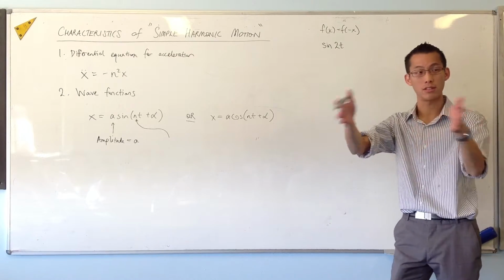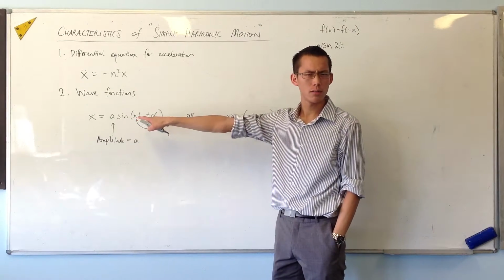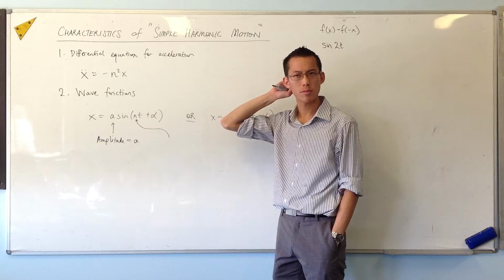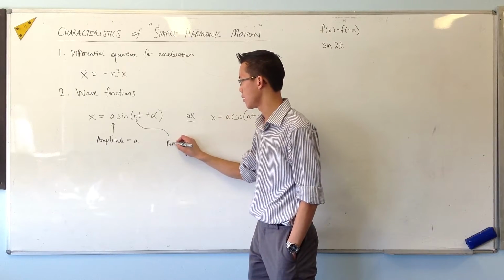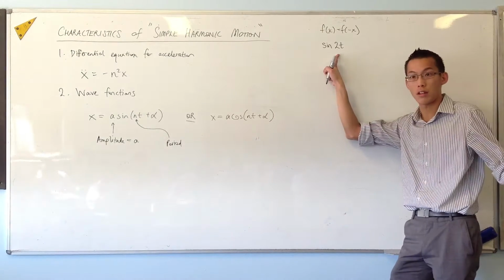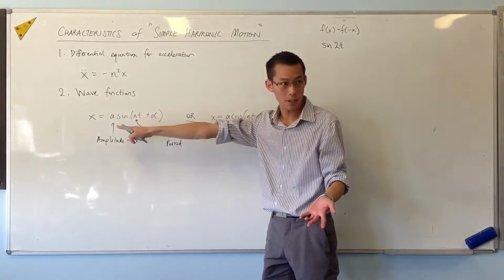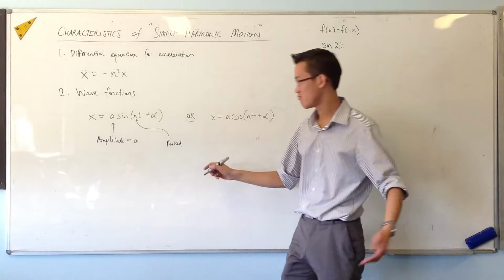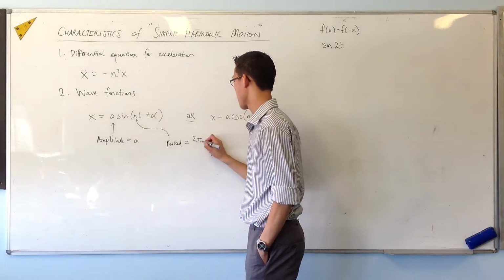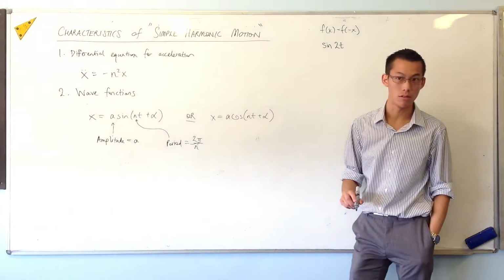So 2 cycles in 2 pi equals pi period. So therefore, if I've got n out the front, what's my period going to be? The relationship between period and this coefficient is division, right? So here it was 2 pi on 2, so therefore here it'll be 2 pi on n. They'll ask you for the period of motion all the time, okay?